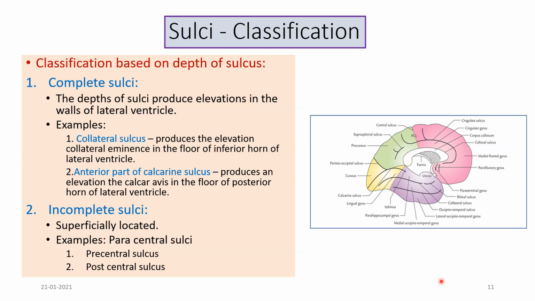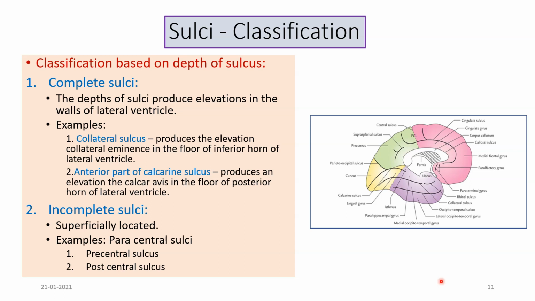So the lateral ventricle is the cavity of the cerebral hemisphere, and each lateral ventricle will be having an anterior horn in relation with the frontal lobe, a posterior horn in relation with the occipital lobe, and an inferior horn which extends into the temporal lobe, with the central part or body which is located in the parietal lobe.